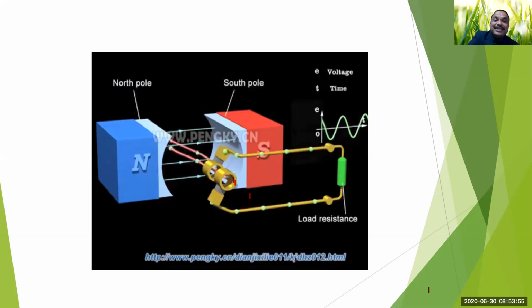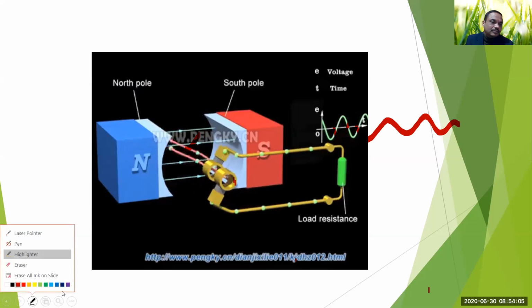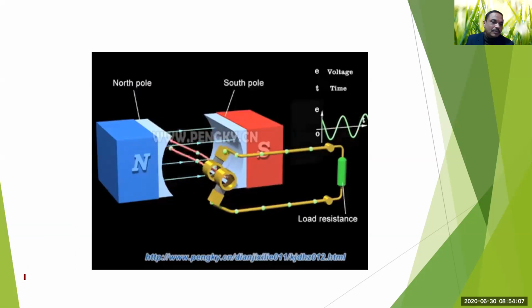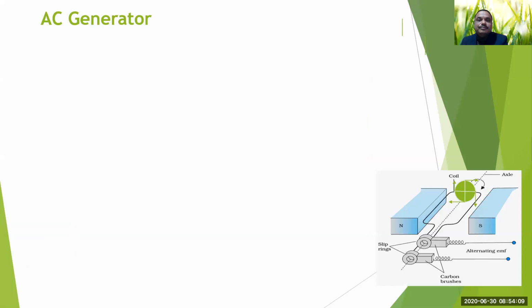So an alternating EMF is developed in this coil. So here the flux changes. So we have E equal to NBA omega sine omega t.